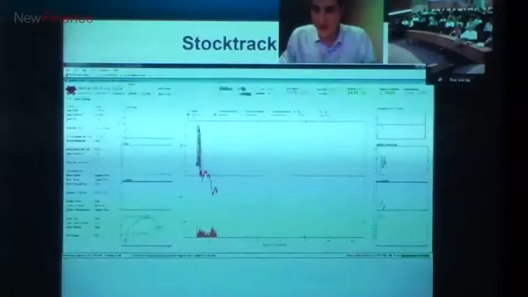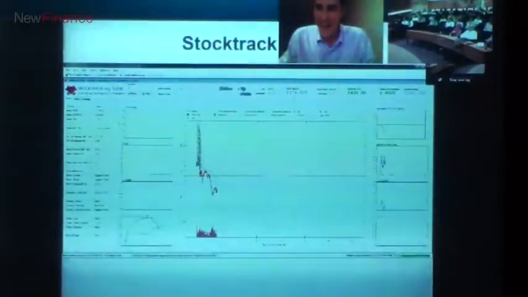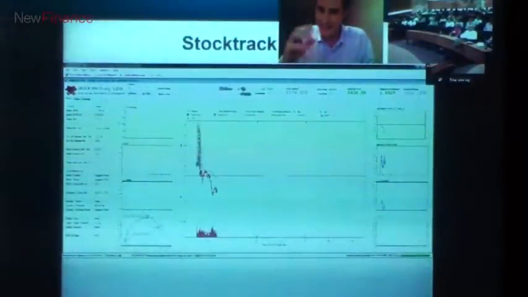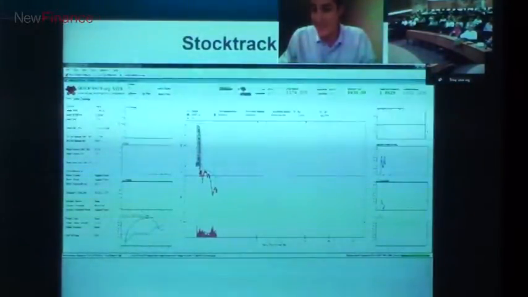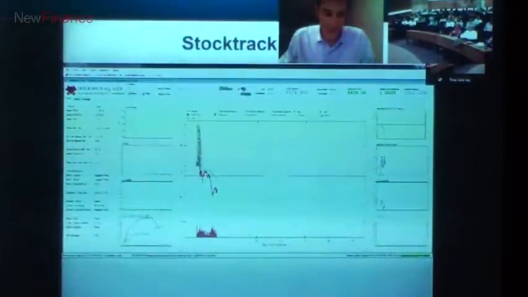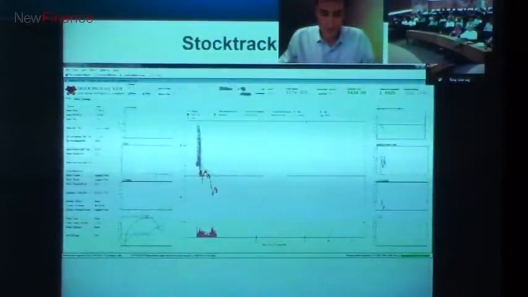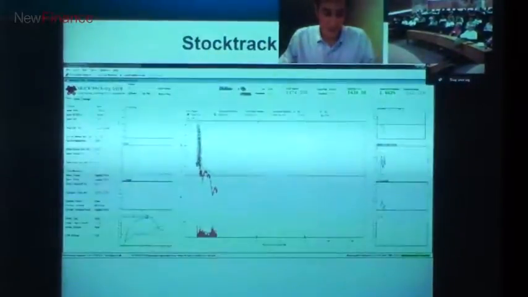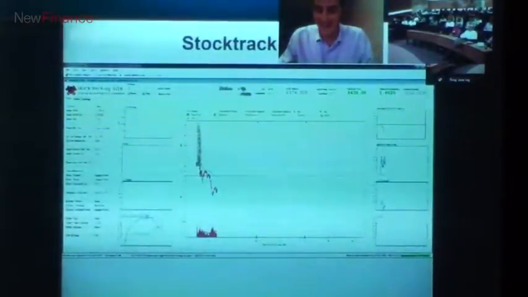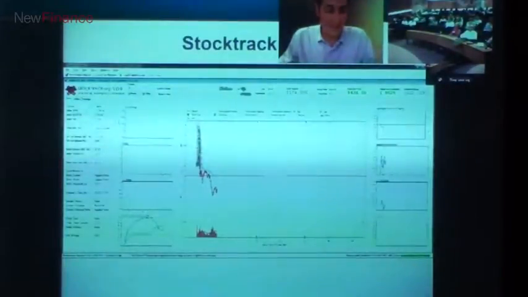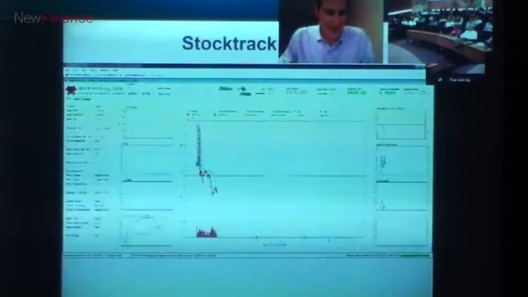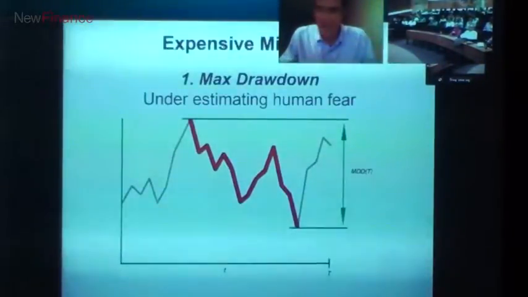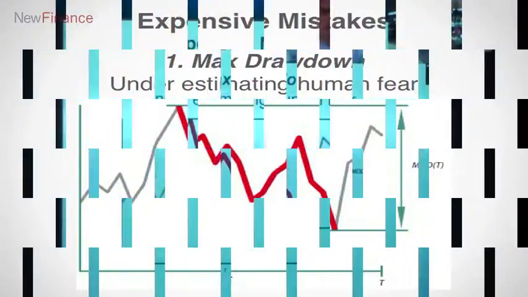Could you all please send me $5,000? And so a bunch of them sent me money, and I naively started trading live with this technology. And man, I learned some lessons. Very expensive lessons.